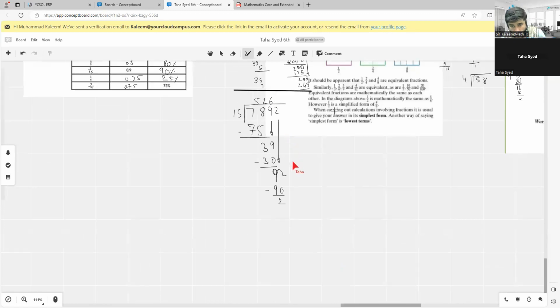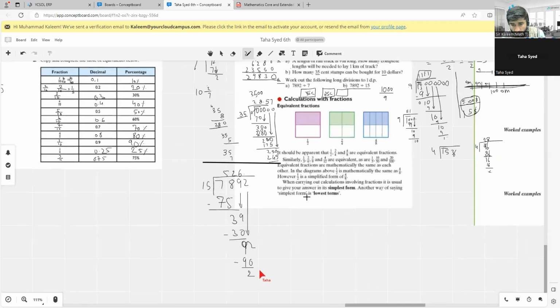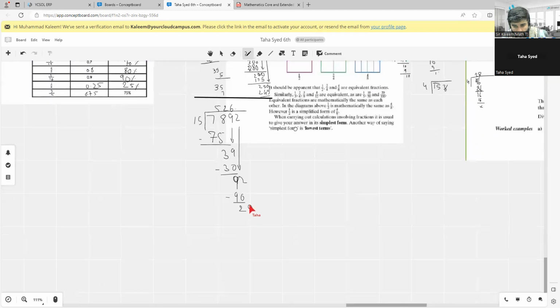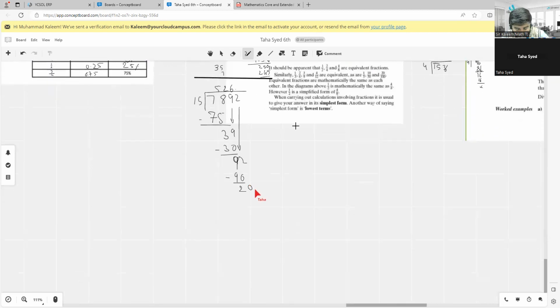Here we have to find our answer up to one decimal place. So should we solve only up to one decimal place or up to two? Up to two. We have to do a long division up to two decimal places and then write your answer up to one decimal place. You have to round off.